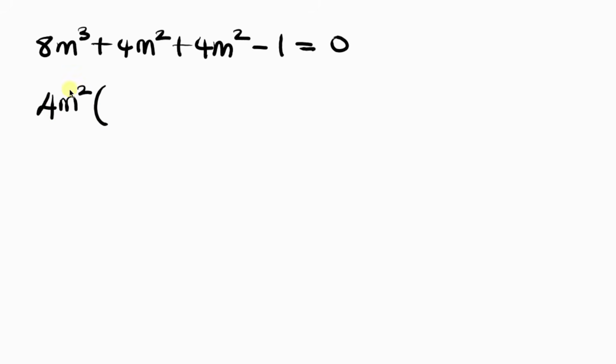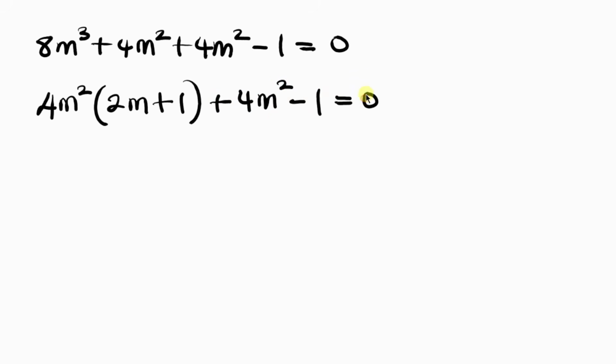Open brackets: 8m cubed divided by 4m squared will be 2m, plus 4m squared divided by 4m squared is 1. Good. Plus, here we have 4m squared minus 1 equal to 0.